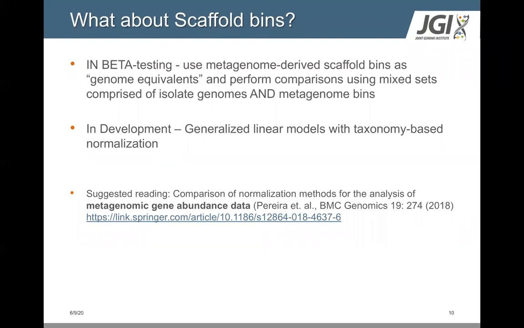And the answer is yes. It is in beta testing, and it'll give you the ability to do, in the use case example that Simon just stated, as well as the ability to use the metagenome scaffold bins and these genome equivalents and have mixed groups where you have both the bins and isolate genomes, very carefully curated. So, as I mentioned, that's coming very soon.